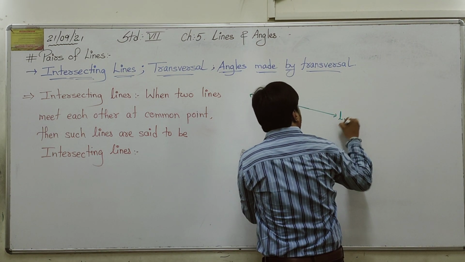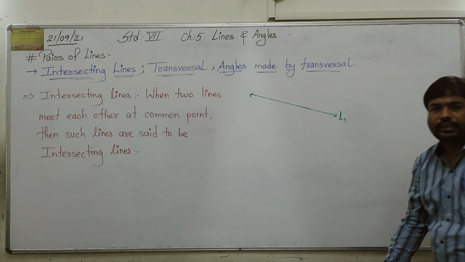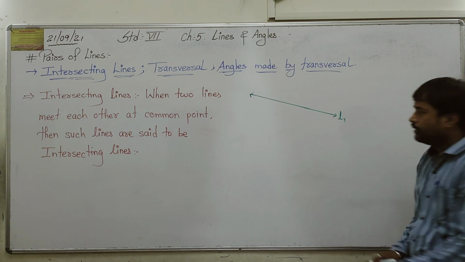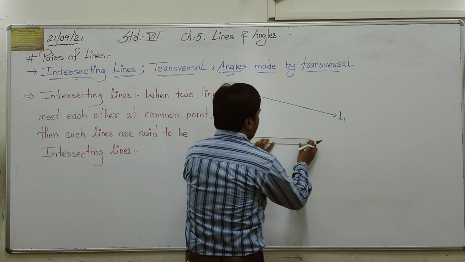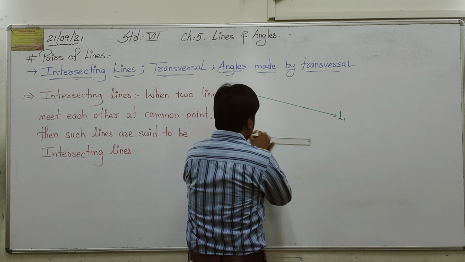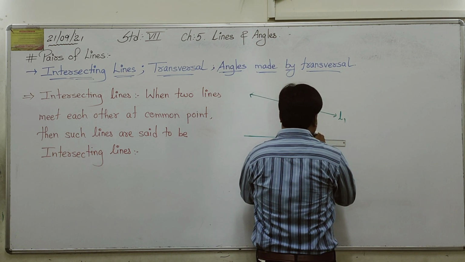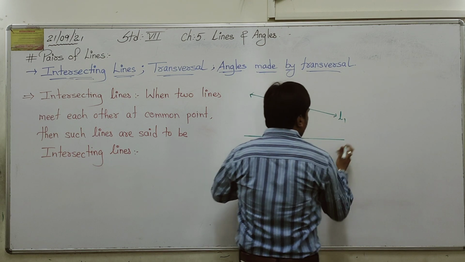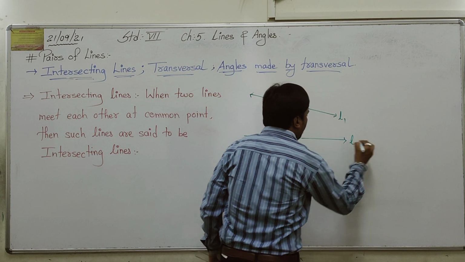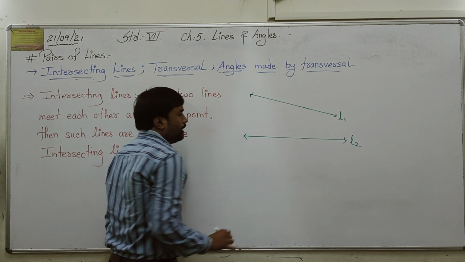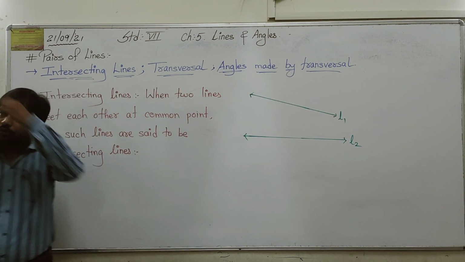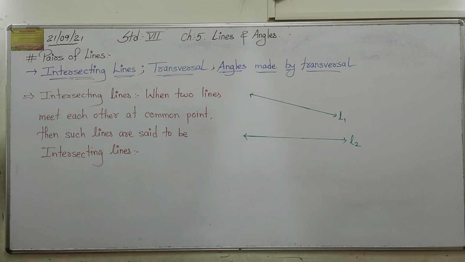For example, this is your line 1, that is L1. It can be indicated by L1. And this is your line L2. Now this L1 and L2 can be considered as intersecting lines. How?